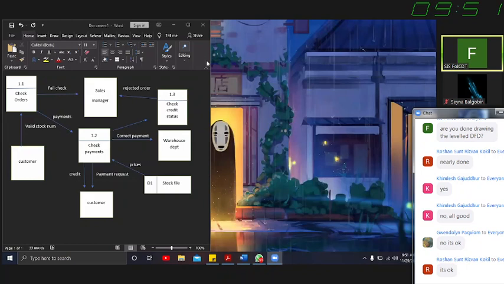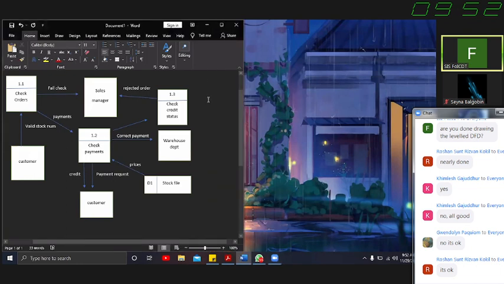Okay, check orders. You have buy stock number, customer gives, you check orders, then you check payment, then you check credit status. Okay. But you're sending both credit and cash sales to the same process number 1.2.